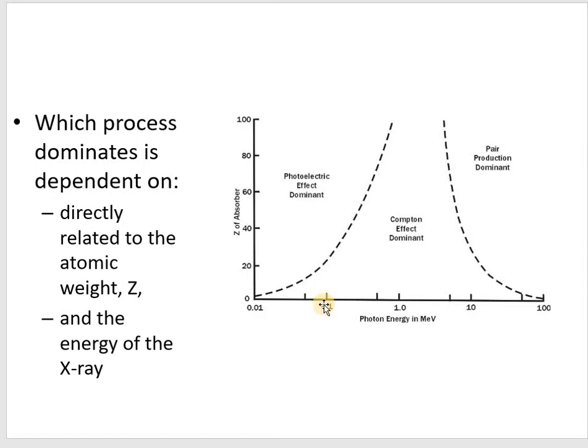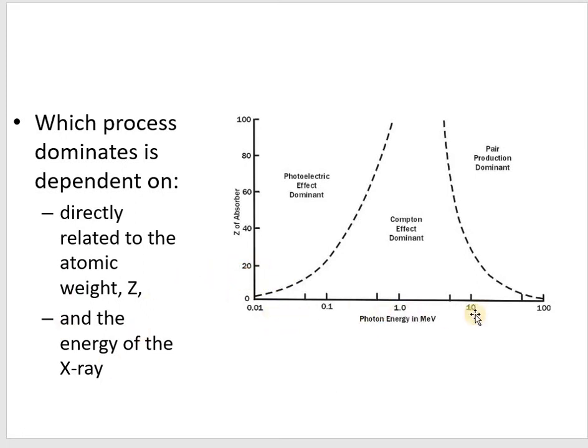At 150 kVp, the maximum energy is 150 keV with an effective energy of one third of the maximum, being 50 keV, and 50 keV is here. Therefore, for soft tissue with atomic number 7, let's say this is 7, the dominant interaction is Compton. However, for denser tissue with a higher atomic number, let's say 12 for bones, at 50 keV effective energy the dominant interaction will be photoelectric.